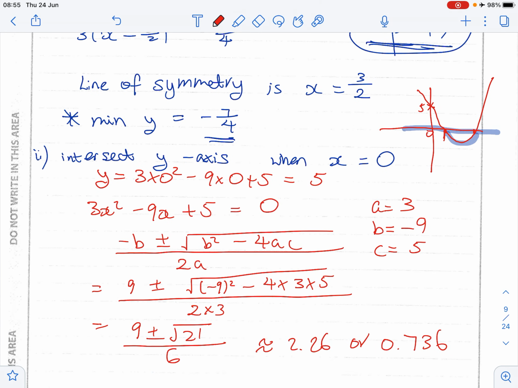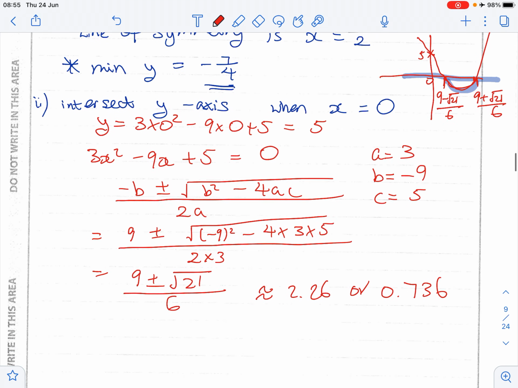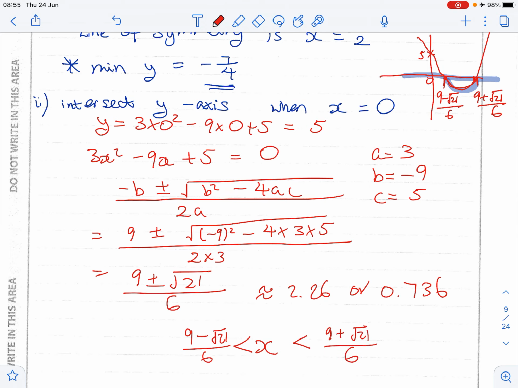This point here is 9 minus root 21 over 6, and this point here is 9 plus root 21 over 6, and we're interested in this range here. So our x must be greater than 9 minus root 21 over 6 and less than 9 plus root 21 over 6.